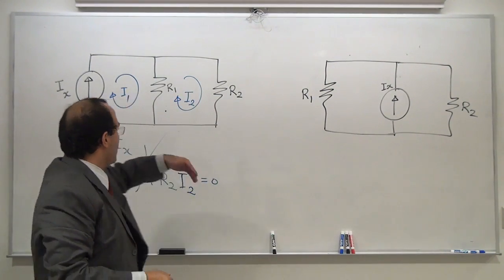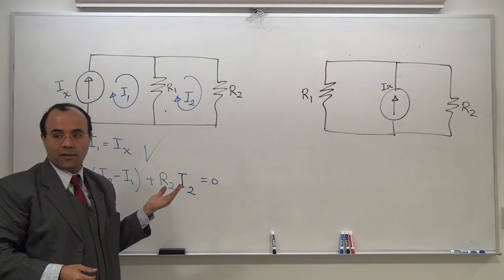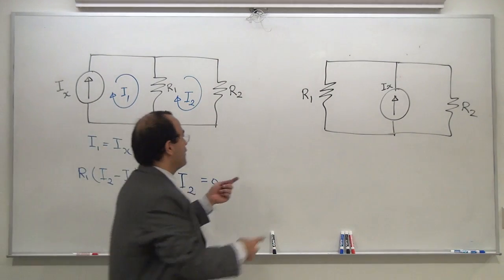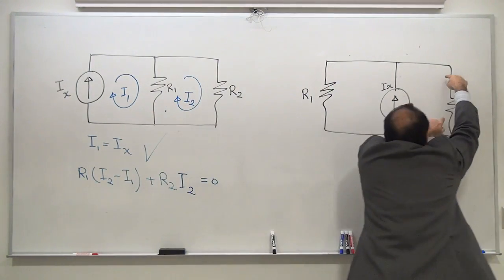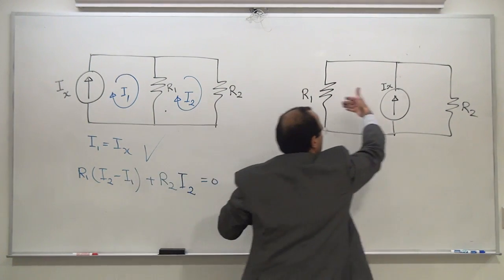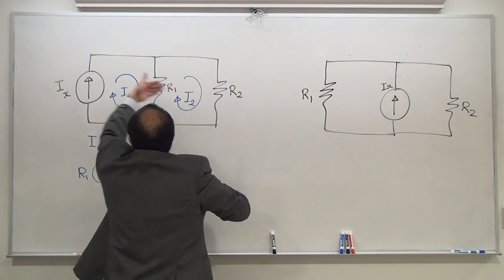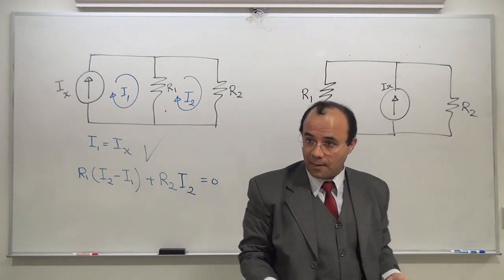The voltages are the same. Whatever the currents are, I'm going to find it. Really, there is nothing different. If this voltage is the same as this voltage, the current is the same. If they are supposed to have unique voltages, they are going to have unique voltages. These two structures are exactly the same.